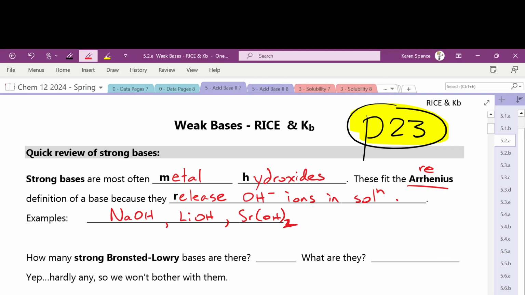How many strong Bronsted-Lowry bases are there? There are 2. I would like everyone to tell their neighbor what they are. You might need your pink booklet. Anyone need to borrow one?